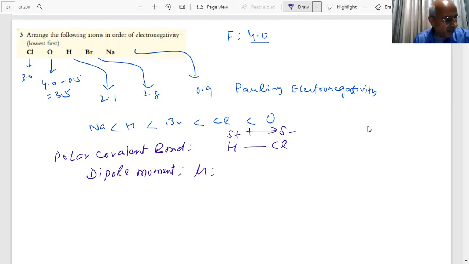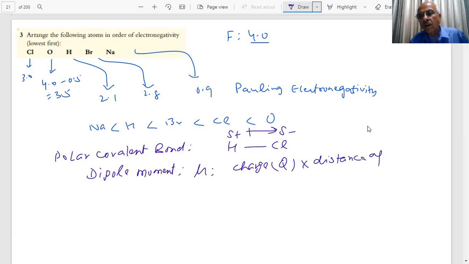We can define the dipole moment, mu, as the charge Q, which is the charge on either of the atoms, into the distance of separation, R. So if you have these two atoms, what is the distance of separation of the two? The distance is measured between the two nuclei, and equal and opposite charges are there on both of them.